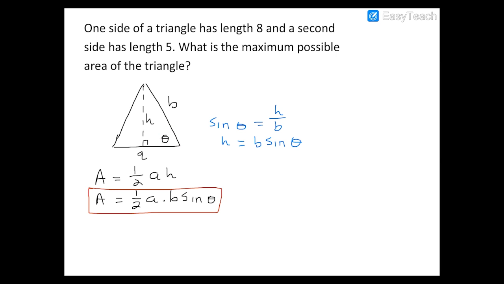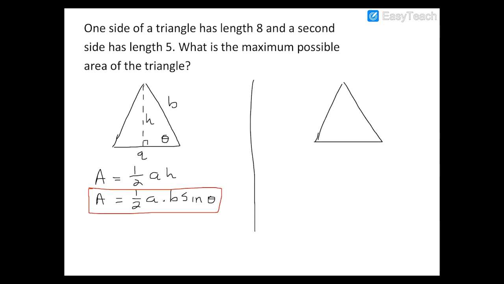Okay, now let's go back to our question. Knowing that the question says in a given triangle, we have a triangle and one side is 5, the other side is 8. If we assume theta to be the angle between these two sides, then the area is equal to half multiplied by the base, which is 8, multiplied by 5, multiplied by sine of theta.